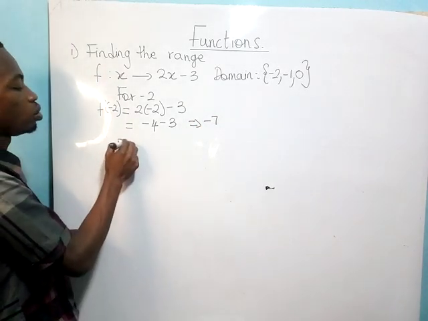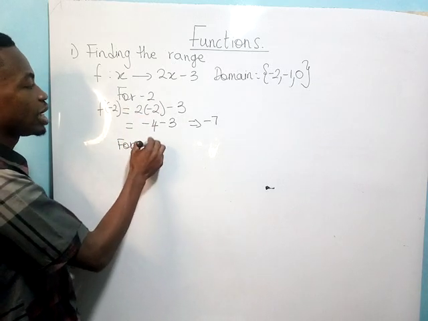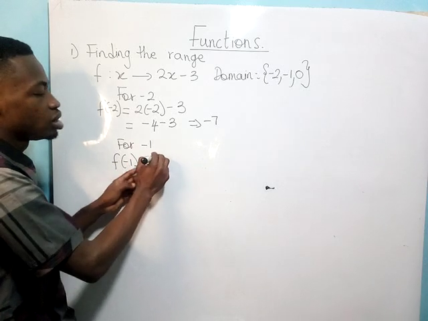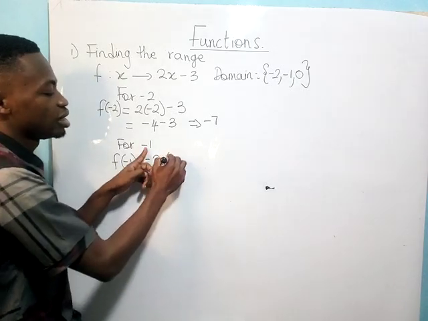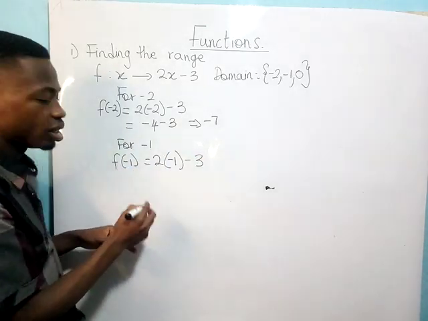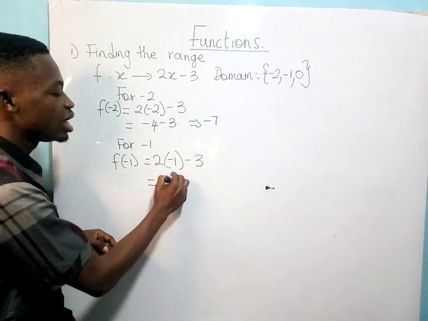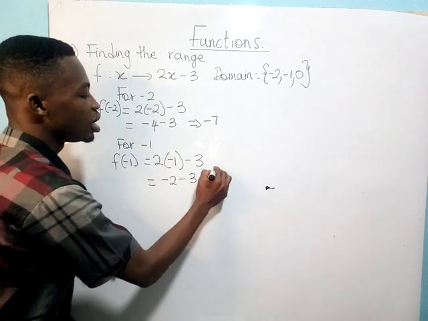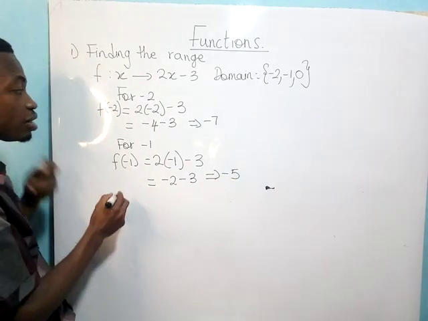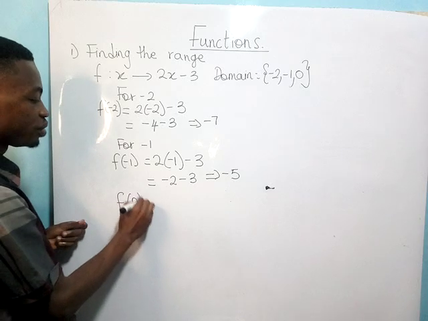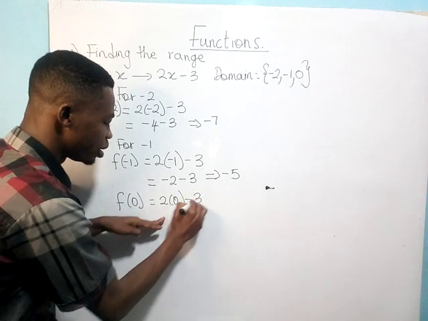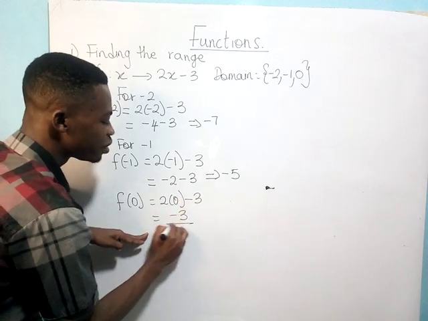Then for -1, our f of -1 will give us 2 multiplying the -1, which is our x value, minus 3, giving us -2 minus 3, and finally -5. Then our last value, our f of 0, will be 2 multiplying 0 minus 3, and we obtain -3 here.